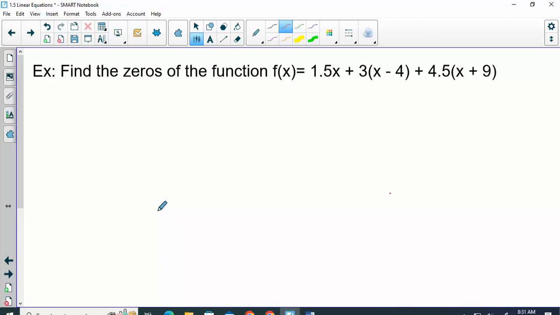So a zero is another word for an x-intercept. And to find x-intercepts, what do you do? Plug in 0 for y. So my y has to be 0. F of x we know is the same thing as y. So if I put in a 0 for that, all I'm doing is finding when this equation equals 0.